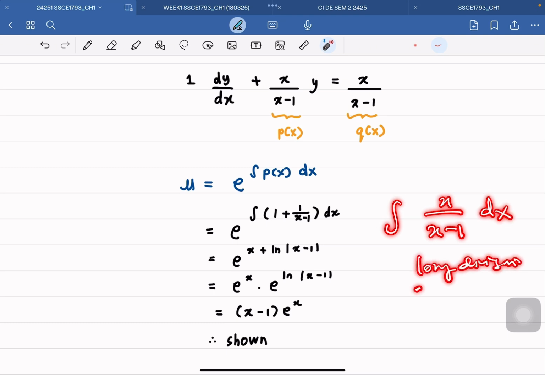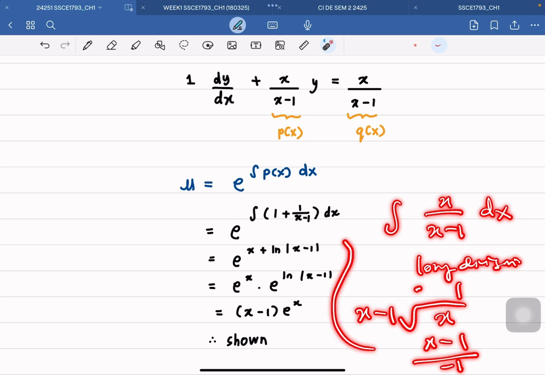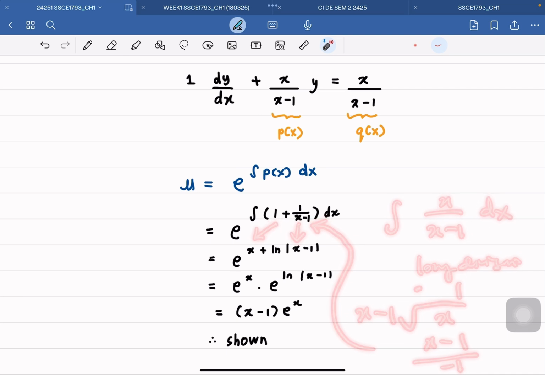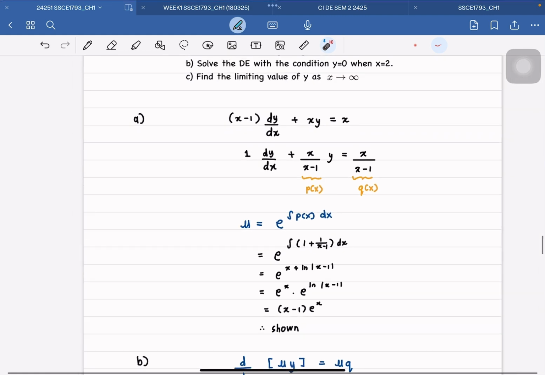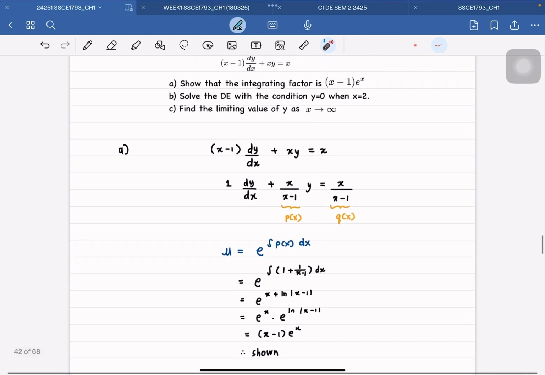In long division, x divided by x minus 1 gives 1, and x minus (x minus 1) becomes 1, so it becomes this form. Then you can integrate: integrate 1 becomes x, integrate 1 over x minus 1 becomes ln|x minus 1|. Then e to the power ln cancels, and this is the final answer for mu. So you have proven that your integrating factor is equal to (x minus 1) e^x.